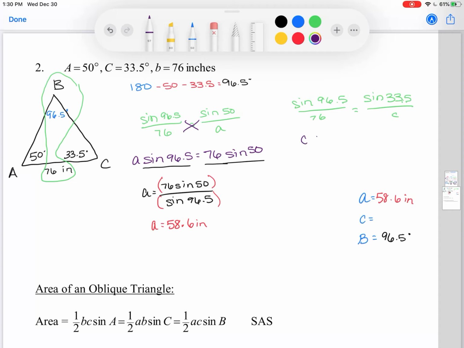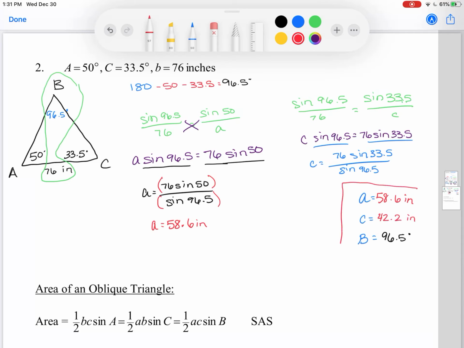Cross multiplying, dividing both sides by sine 96.5, using the calculator, and determining that our C value is going to be 42.2, again, inches. And there is all three of our missing pieces of our triangle.